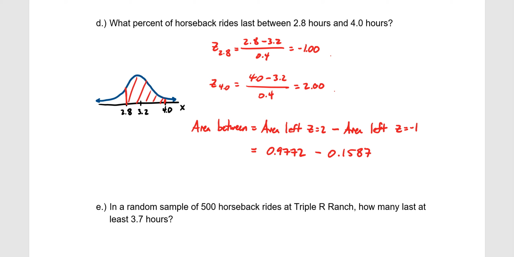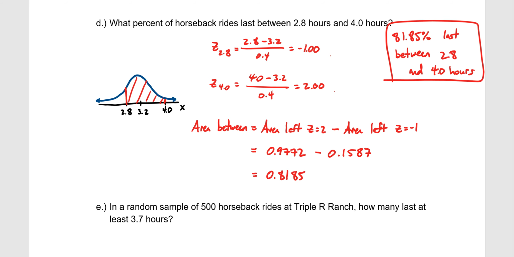Looking both of those up on the table. And we subtract these, and we should end up getting 0.8185. And as a percentage, that's 81.85% last between 2.8 and 4 hours.